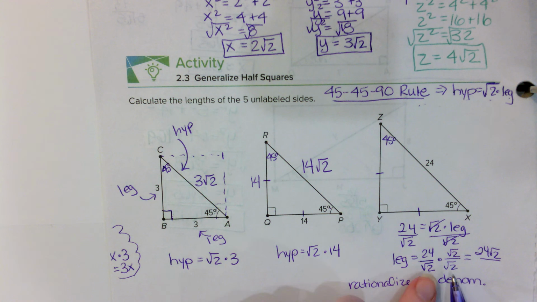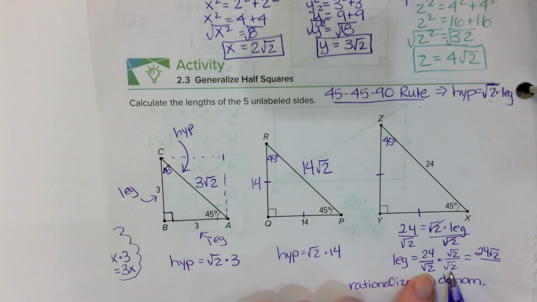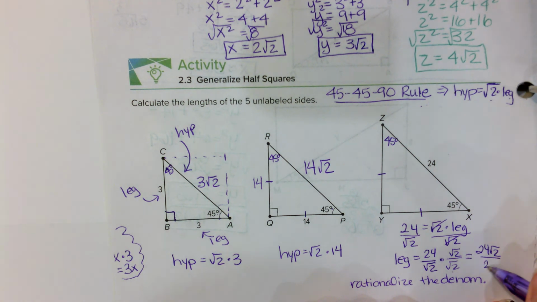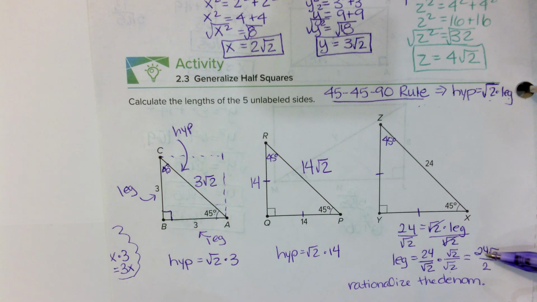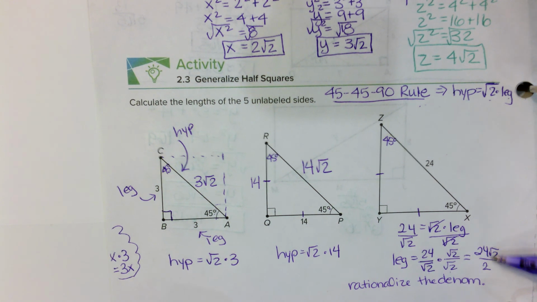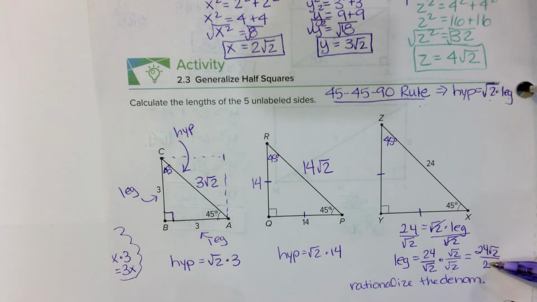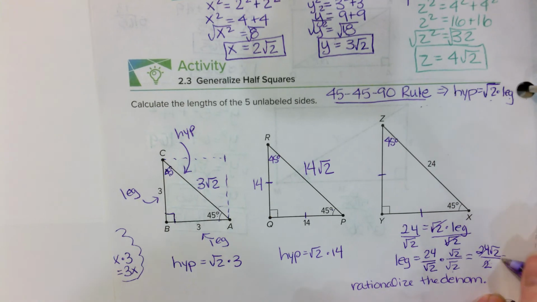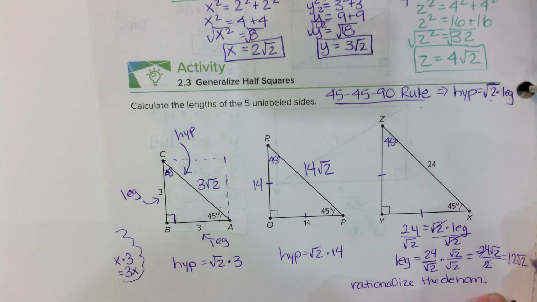My denominator, if it's okay with you, the square root of 2 times the square root of 2 is the square root of 4. I know that's equal to 2. I'm going to just write my 2. And then the 24 and 2 are integers. I can cancel them, and I can get a 12. The square root of 2 and 2 aren't like terms. I can't do anything with them. So the 24 and 2 cancel to 12, and my final answer would be 12 square root of 2.